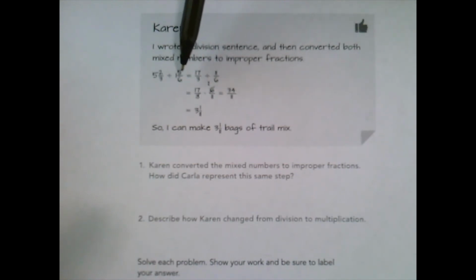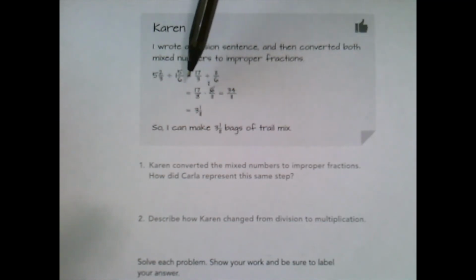For our next mixed number, we have 1 5/6. We multiply the denominator times the whole number, so 6 times 1 is 6, and we add the numerator. So 6 times 1 is 6, plus 5 gives us 11, right here.